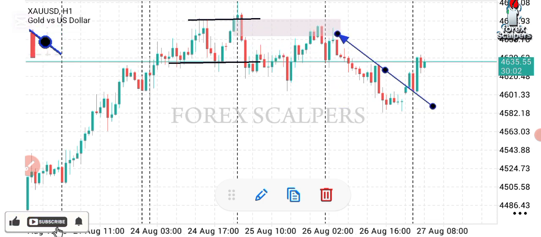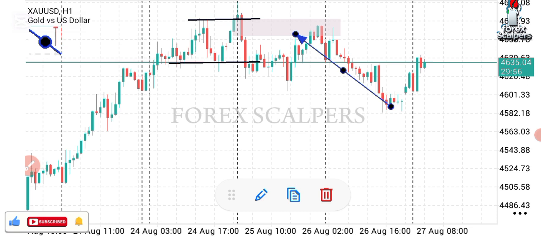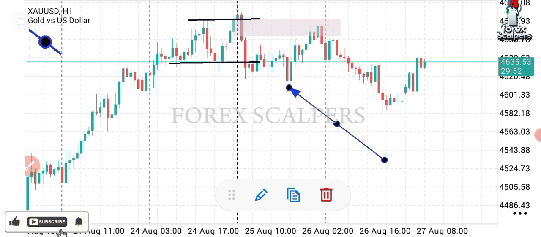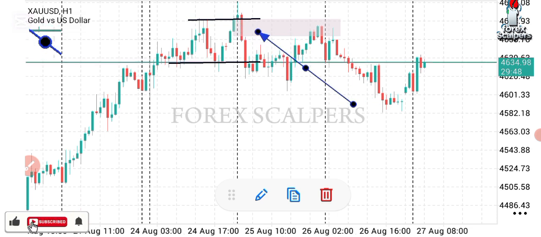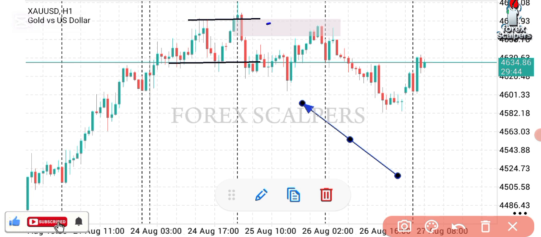So I mark out that other block, and all of this happened throughout that day. So I was patient for price to fill into this imbalance here. Okay, imbalance, fair value gap, whatever name you prefer to call it. So I have this fair value gap, FVG.